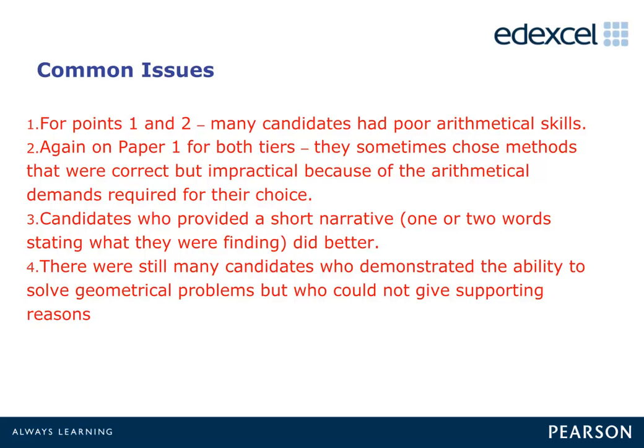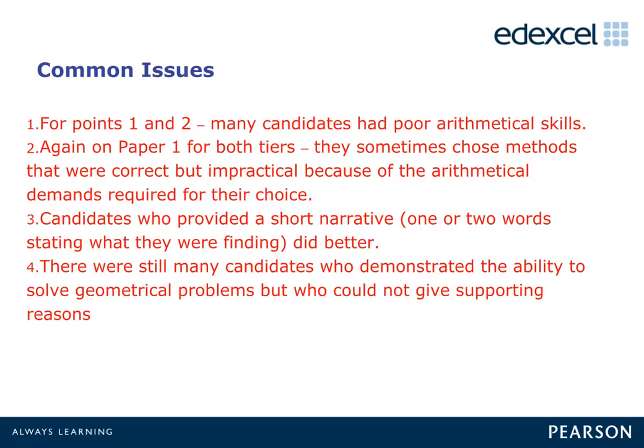Here is a summary of some of the common issues reported in these papers. Remember that Paper 1 at both tiers was the non-calculator paper. 1. At both tiers on the Paper 1s, many candidates had poor arithmetical skills. 2. Again, Paper 1s.